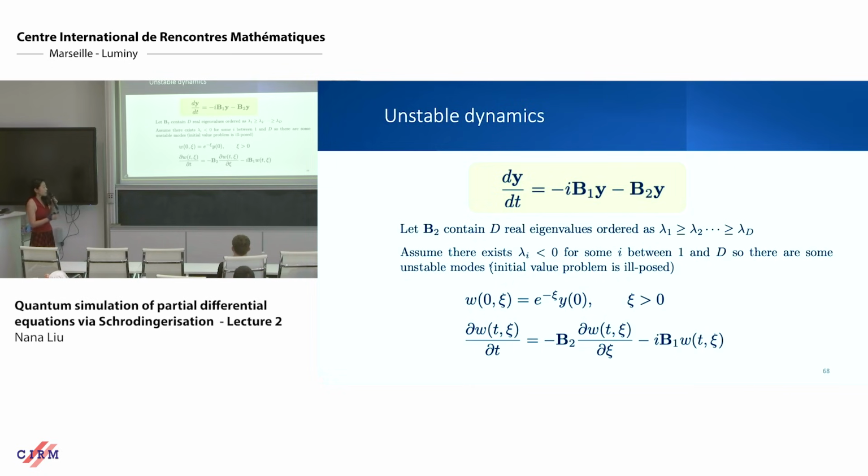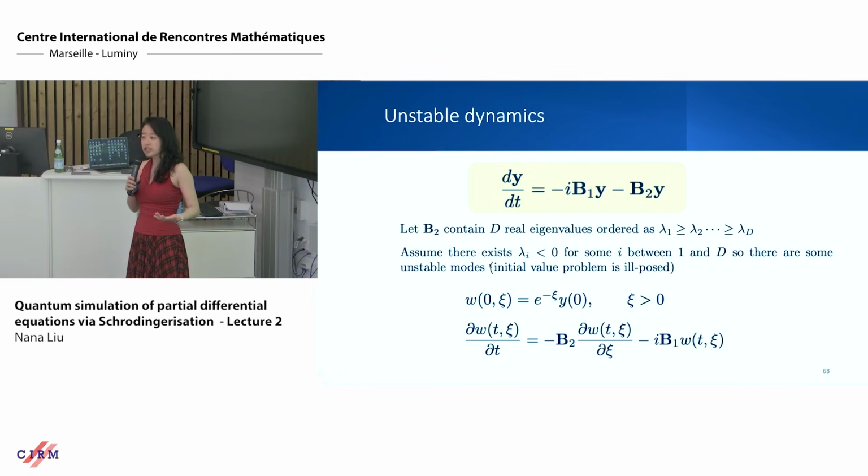First of all, when we dealt with only positive eigenvalues, where did that come in when we derived Schrodingerisation? You might remember what I said at the beginning, that when we apply the warped phase transformation, it works when we have e to the power minus psi multiplied by u when psi is positive.